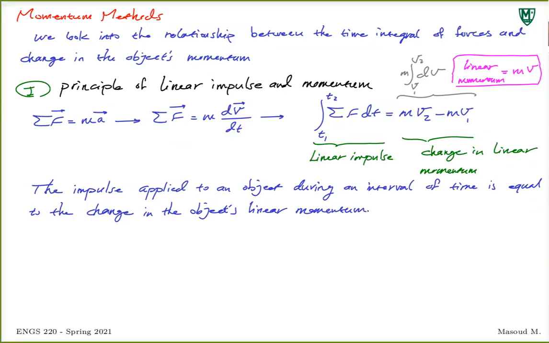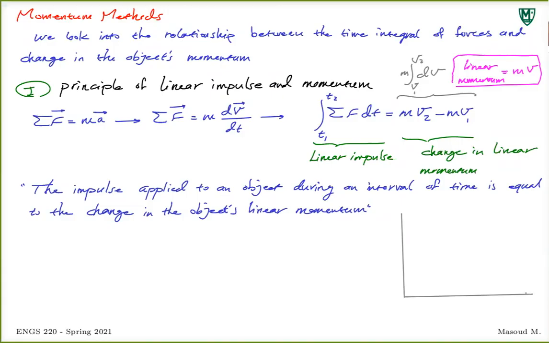That's the principle of linear impulse and momentum. Now, you can define impulse force. Basically, this force as a function of time, you can think about as some kind of graph like this.